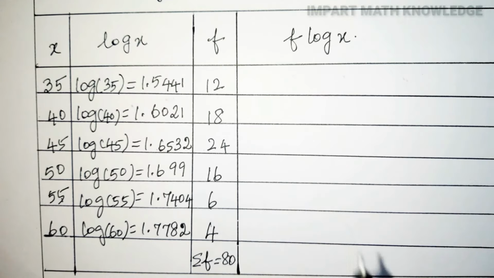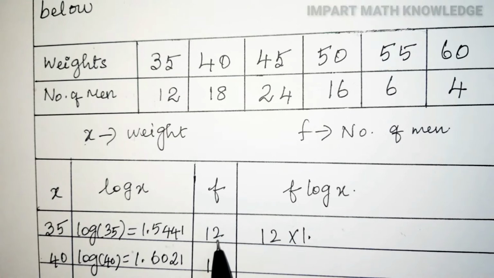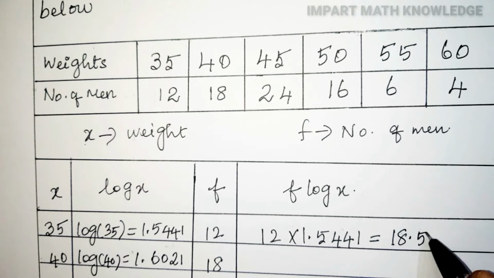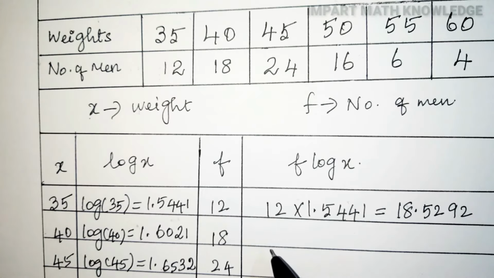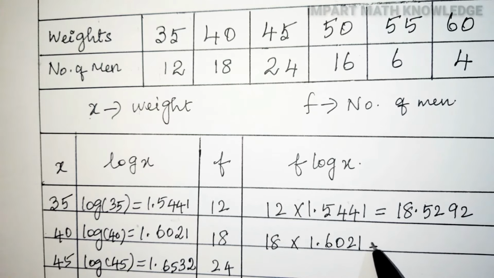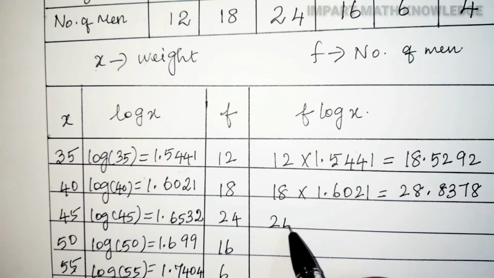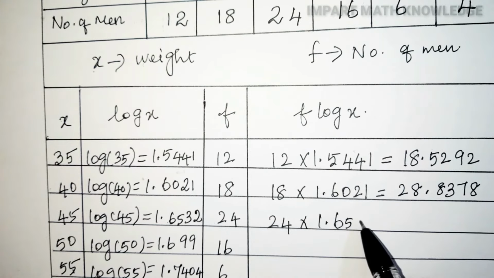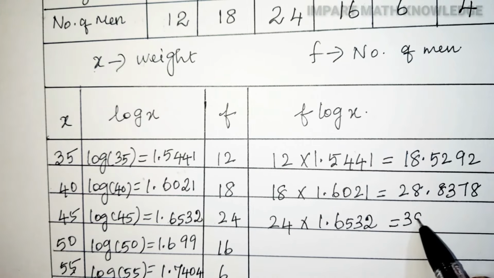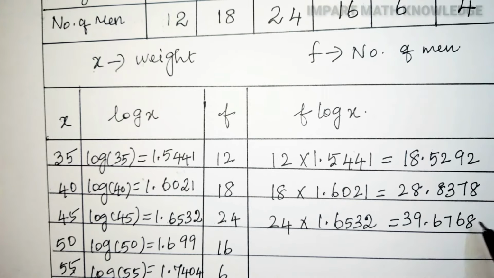Next we have to find f into log x. F value is 12, log x is 1.5441. This is equal to 18.5292. Second one, 18 into 1.6021 is equal to 28.8378. The next one, 24 into 1.6532 is equal to 39.6768.